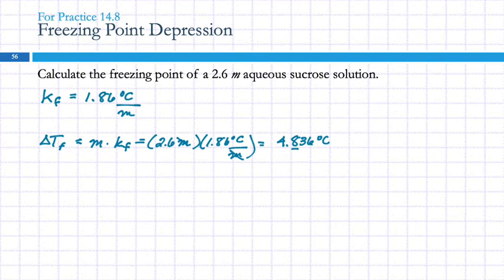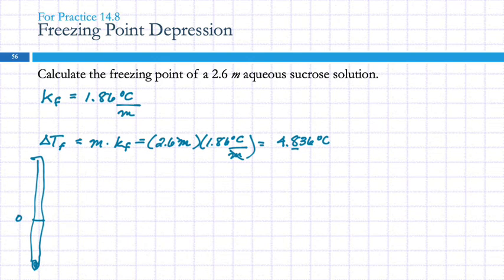Is that the answer? No. What I did is I calculated the freezing point depression, the change in the freezing point, not the actual freezing point. So then I need to take this change and apply it to the actual freezing point. We call this delta T, but that's not a final minus initial kind of delta, unfortunately. So this is what I would recommend: make yourself a little thermometer.